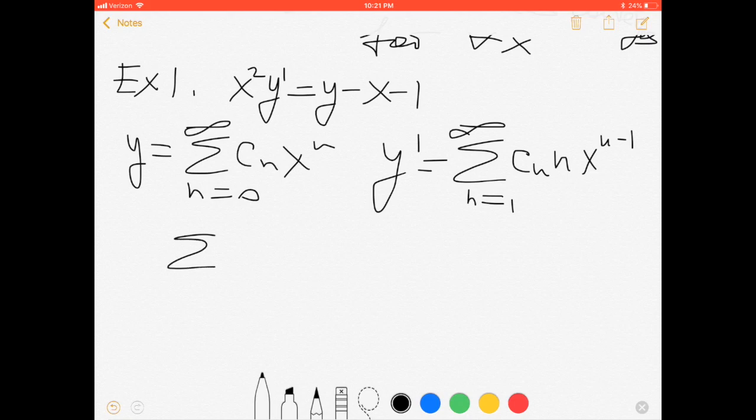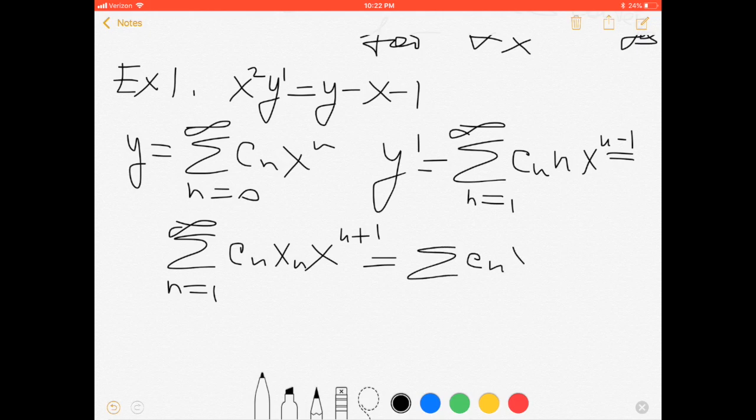if you multiply the derivative by x squared, you have the series starting with 1 to infinity of C_n n x to the power n plus 1, where the power of x is not n minus 1 anymore, it is plus 2. Then we have it equal to our series C_n x^n, where n starts with 0 to infinity, minus x minus 1.